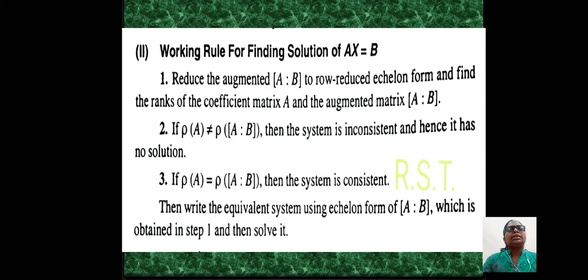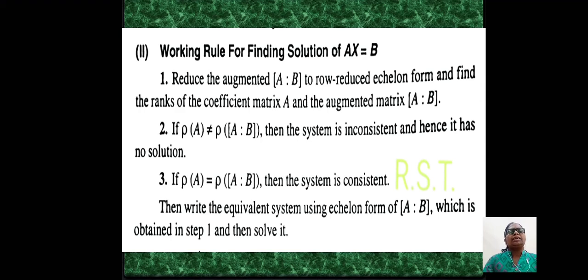Second condition is, if rank of A is not equal to rank of AB, that means the rank of A is not equal to the rank of the augmented matrix, then the system is inconsistent and hence it has no solution.